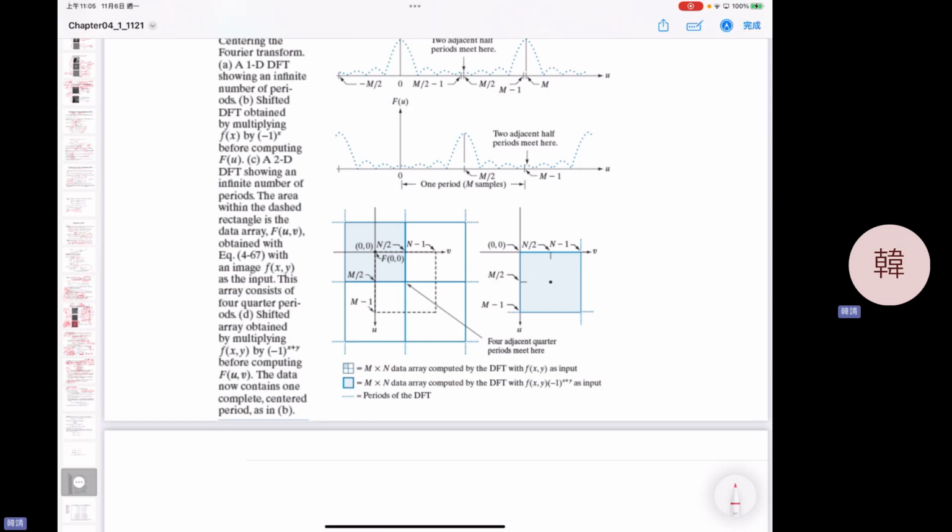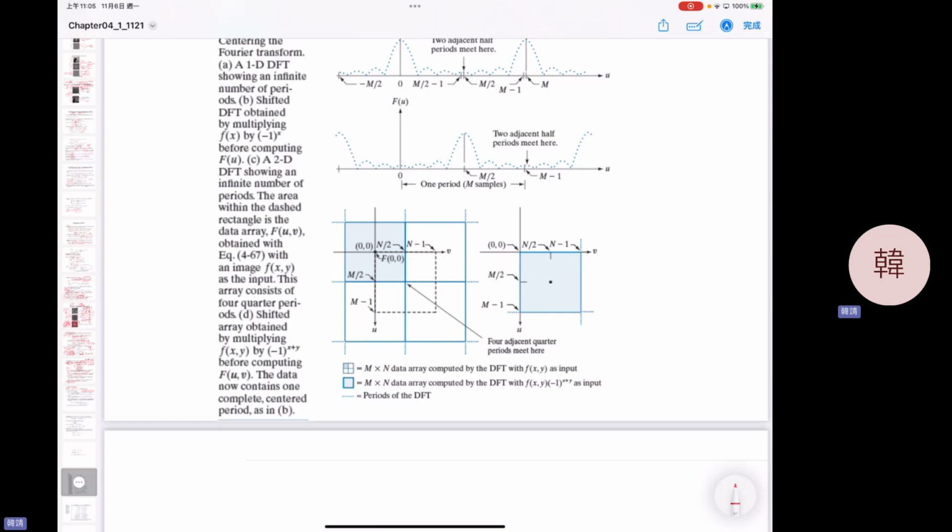So you can easily imagine it. If you have a sampling function, and the sampling function depends on delta t, the sampling time, right? If your sampling time is too large, what happens? Sampling has a minimum requirement.